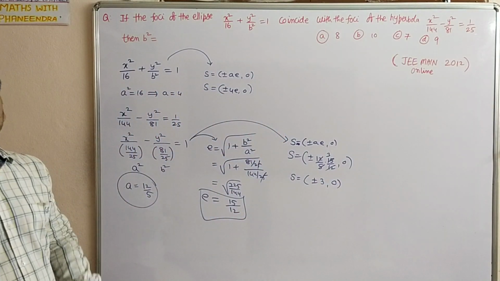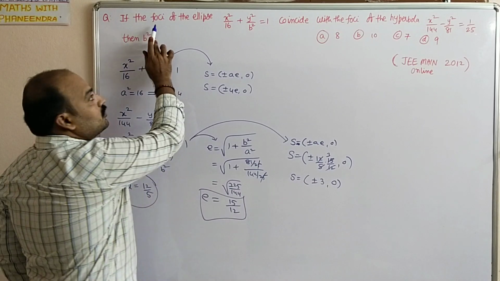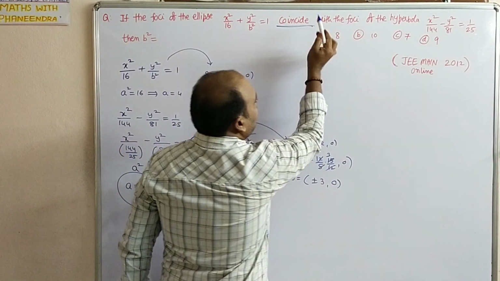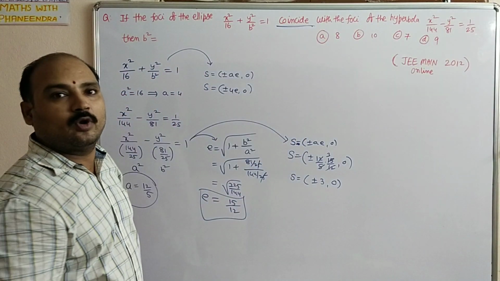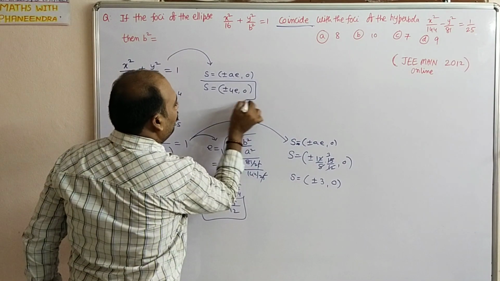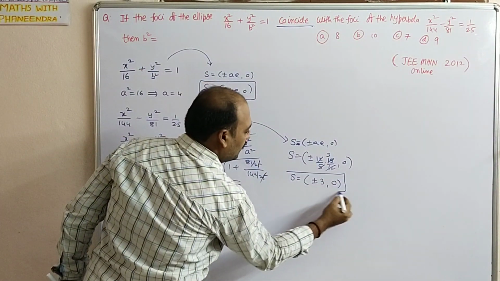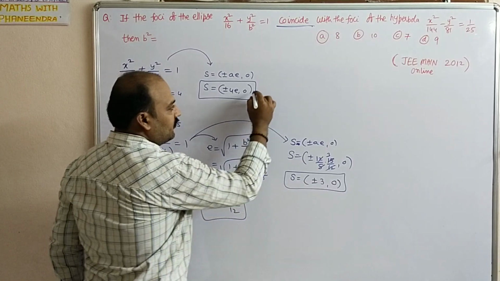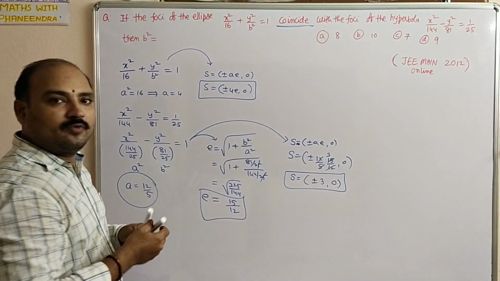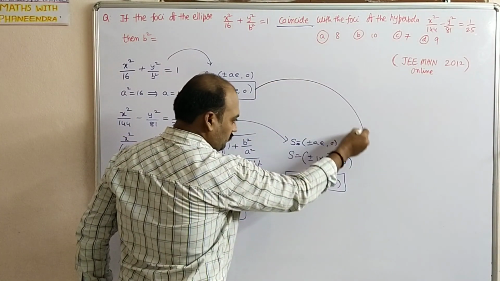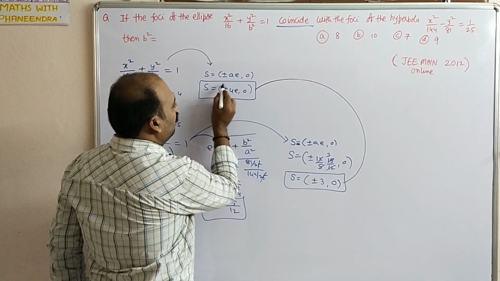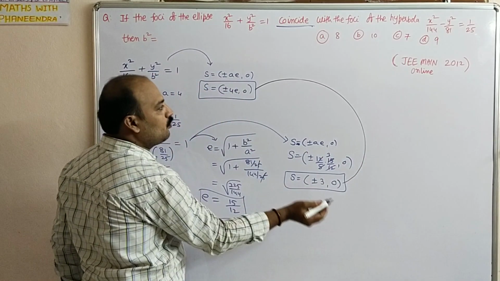After completing this step, the foci of the ellipse coincide with the foci of the hyperbola. That means the foci here and the foci here are both equal. So whenever both the foci are equal, the 4e value and the 3 value are both equal.